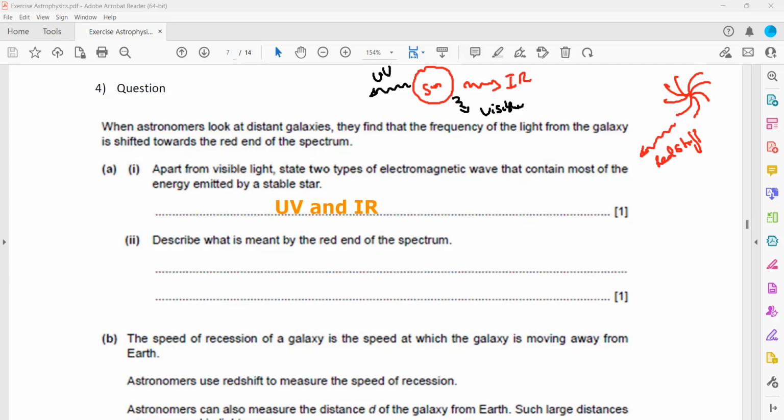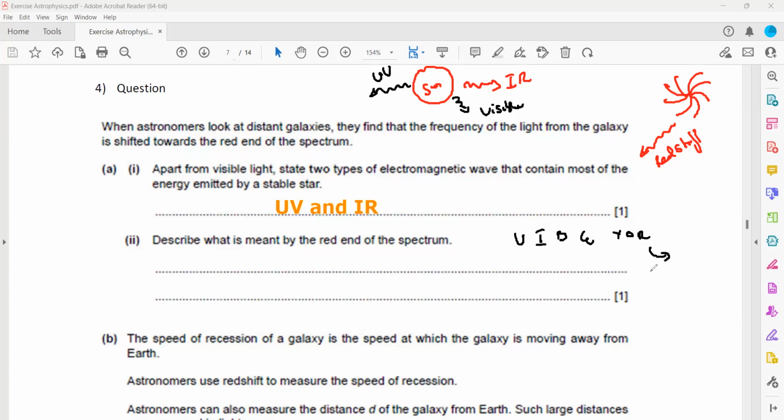Then describe what is meant by the red end of a spectrum. It means it has a longer wavelength and a lower frequency. In the spectrum we have violet, indigo, blue, green, yellow, orange, and red.